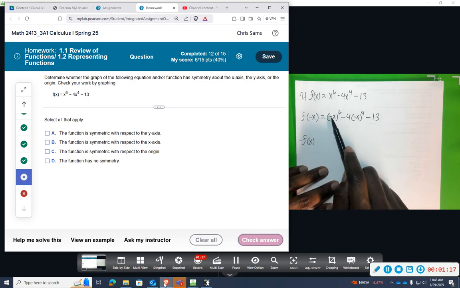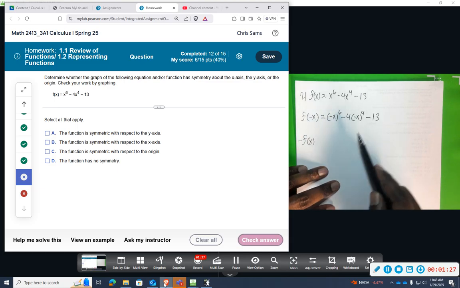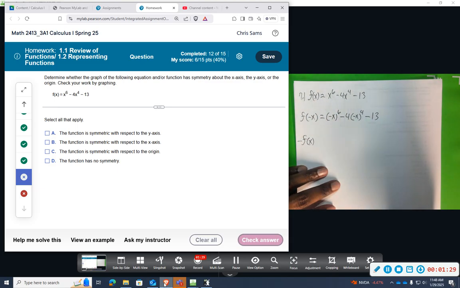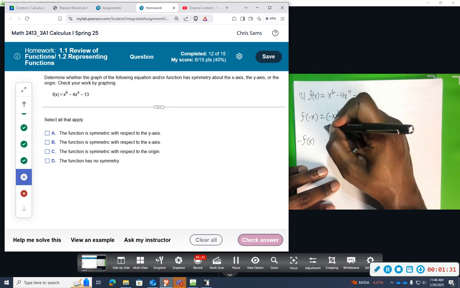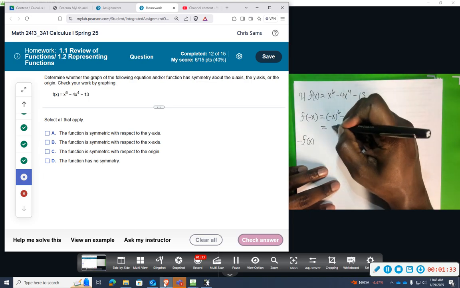All right, the way we simplify this: anything raised to a power, we raise it to that power. If we multiply an even number of negatives, it changes back to positive. So we're doing x to the 6th, six negatives, which makes it positive because a negative times a negative is a positive. They all cancel out, so this ends up being x to the 6th.